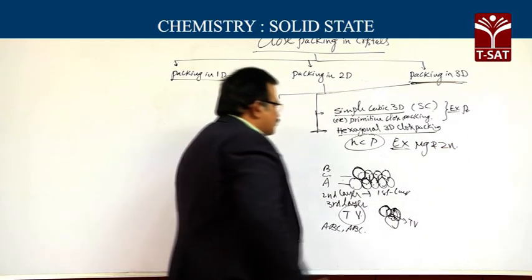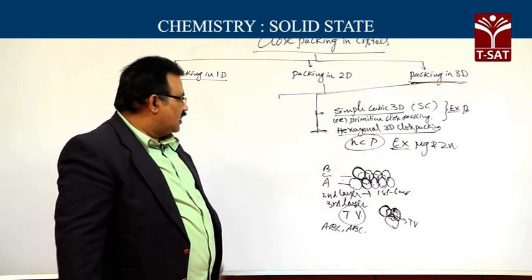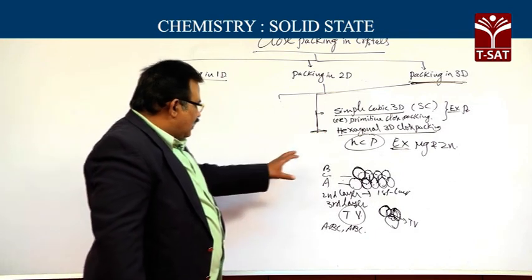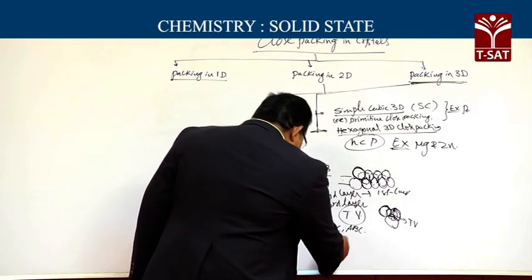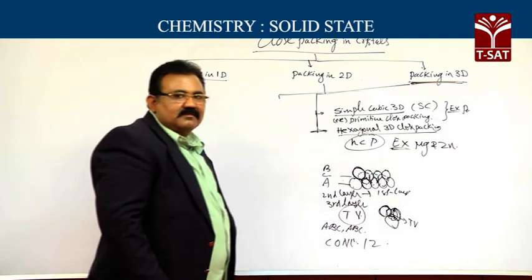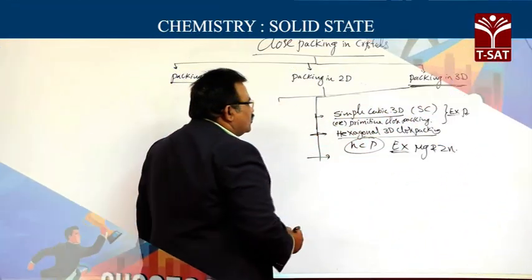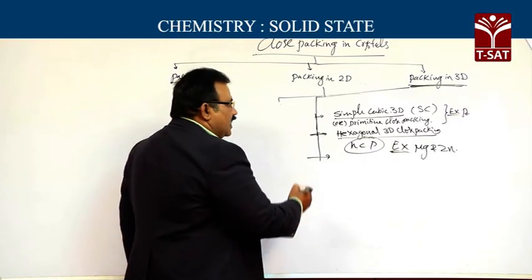Hexagonal close packing is present in this type of metals, and the coordination number is 12 for this close packing. Let us talk about the third type in the 3-dimensional close packing.